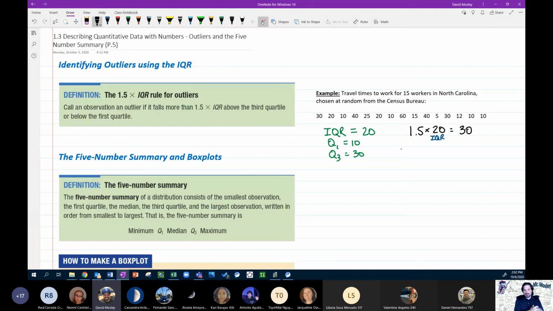Anything less than that number will be an outlier to the left. But it should be immediately apparent that 10 minus 30 is a negative number, and we don't have the technology to travel backwards in time. So this value doesn't make sense for our context. So there are no outliers to the left. Can't happen. It's impossible.